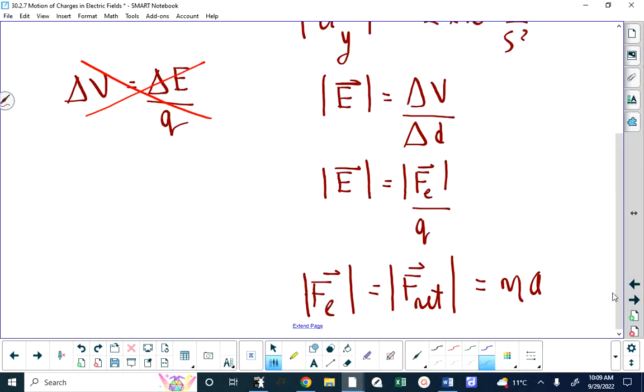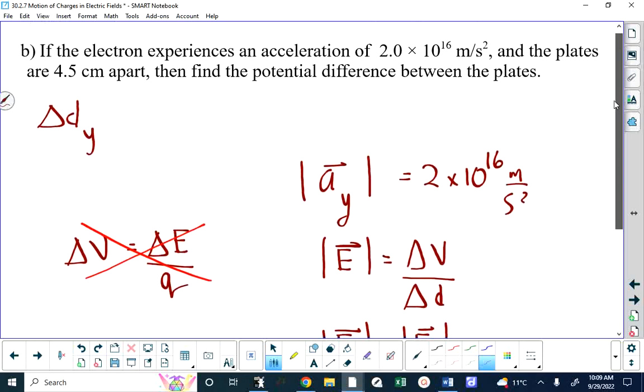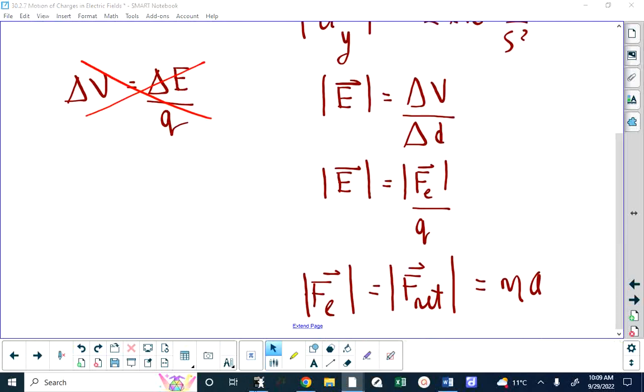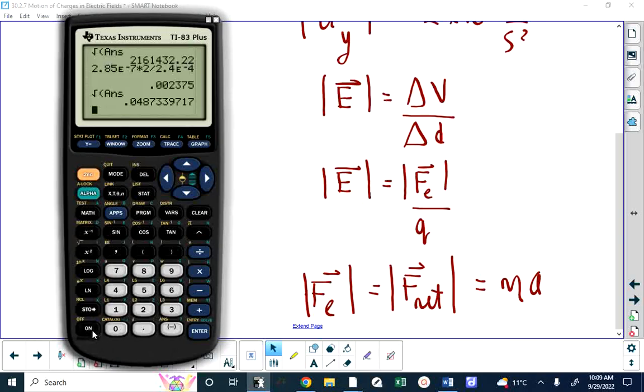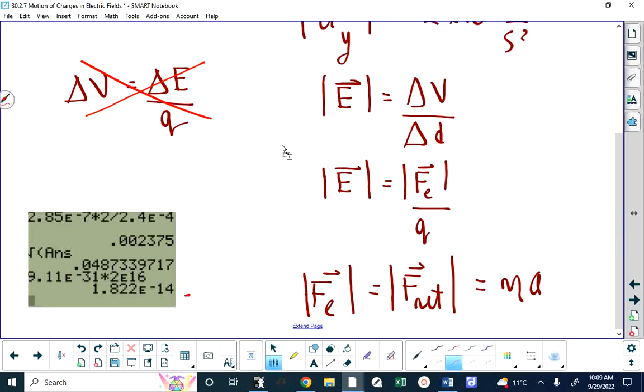To solve for any of these variables is easy. I'm not even going to write anything down. Let's calculate the force. Let's take the mass times the acceleration. It's an electron. So the mass is 9.11 times 10 to the negative 31 kilograms times the acceleration of 2 times 10 to the 16. Sorry, that's not the acceleration.